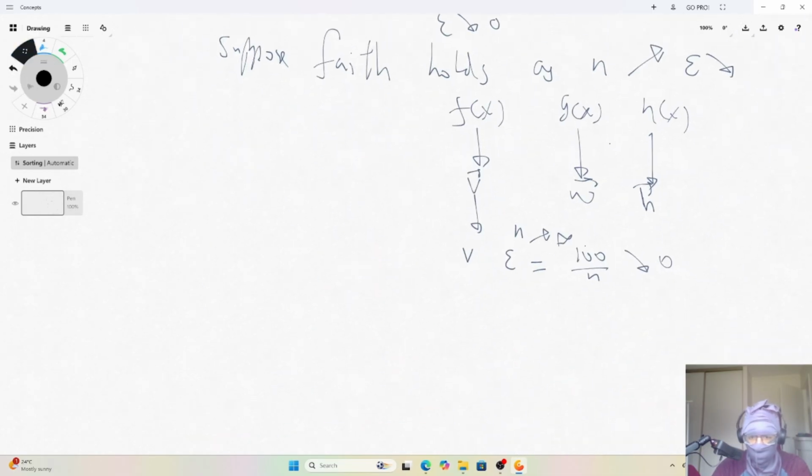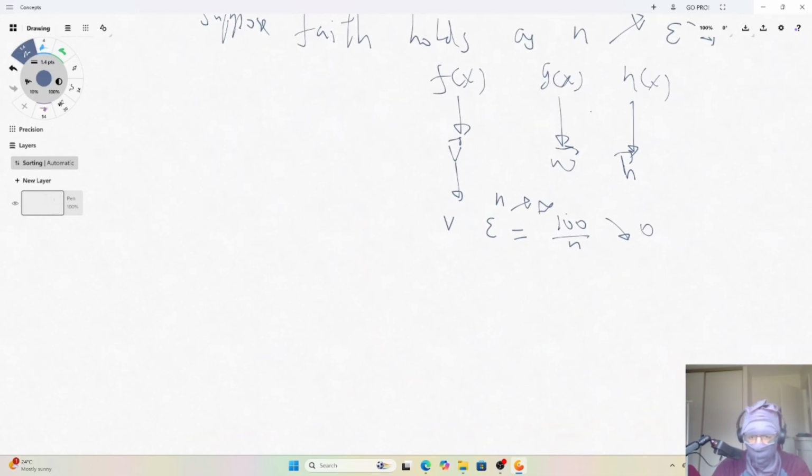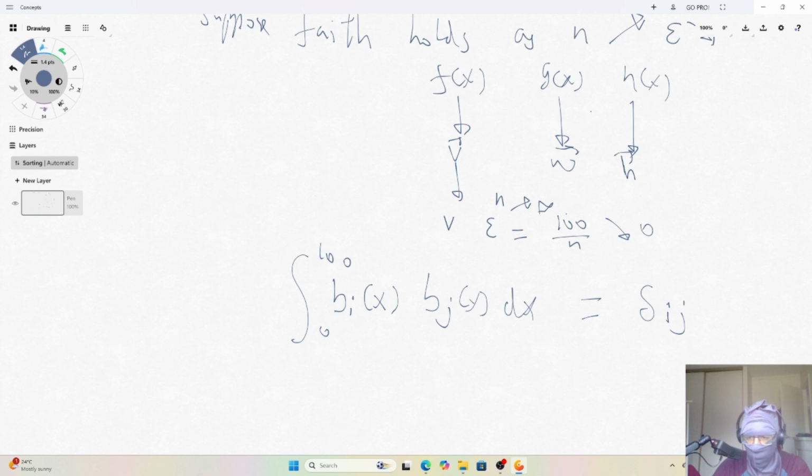So suppose that it holds. Then let's find a set of vectors such that when you take the inner product from 0 to 100, it gives the Kronecker delta.